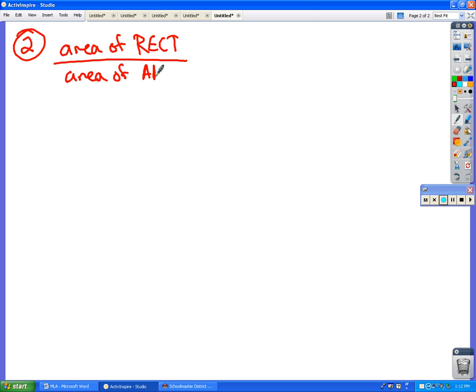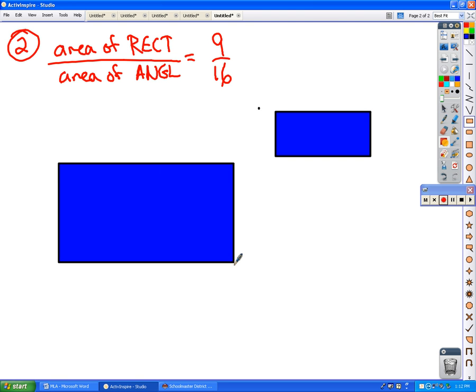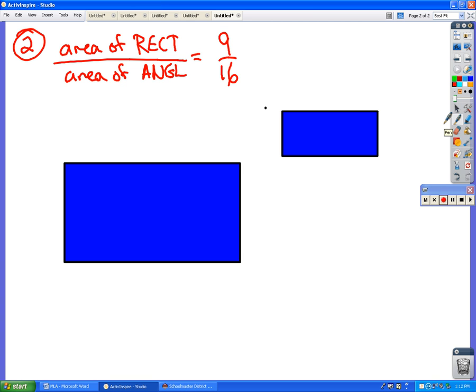But this time they're going to start out by giving us the ratio of the areas, and they're going to ask us to figure out some information about the sides. So since we're going backwards, what do we have to do? Right, since we're going backwards, instead of taking the ratio and squaring it, we're going to take that ratio and take the square root, okay?